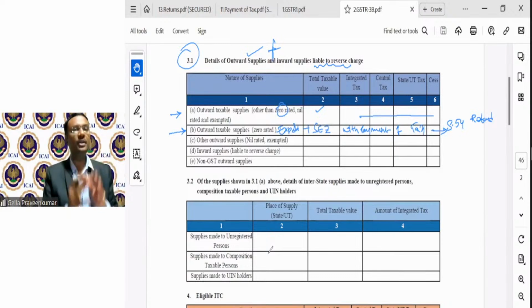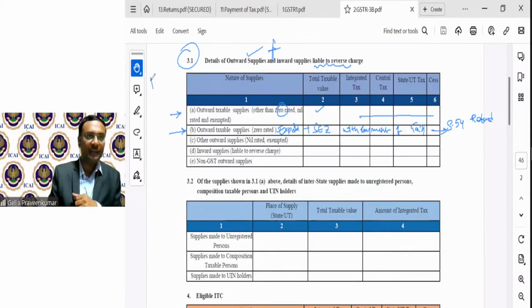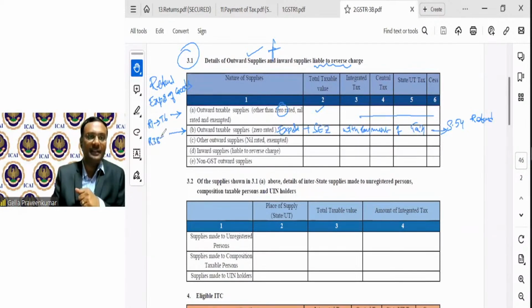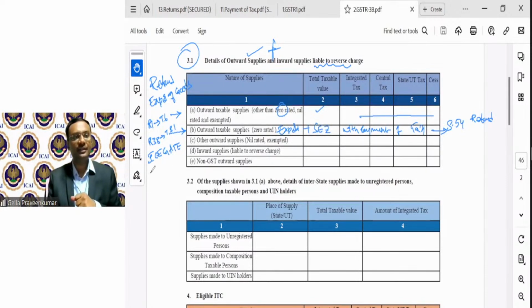Now, the same James Bond theory is brought into my GST returns, where refund for export of goods works like this: the GST department says GSTR-1, there is a table called table number 6; GSTR-3B, this table 3.1B; and the customs ICEGATE portal. So it's a three-way matching.